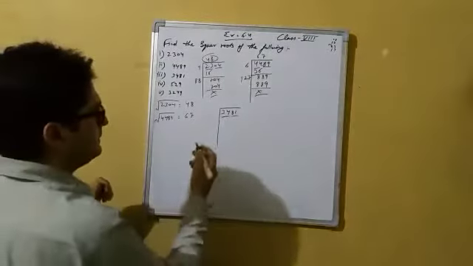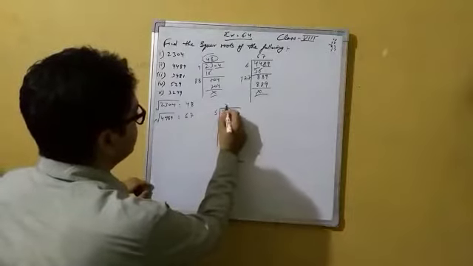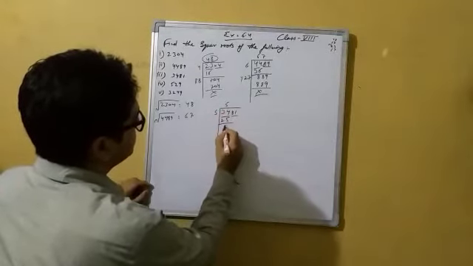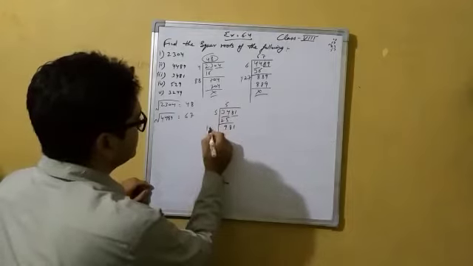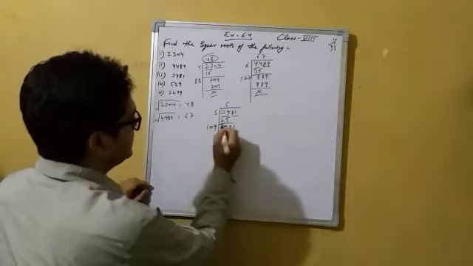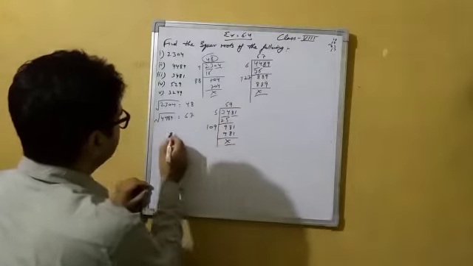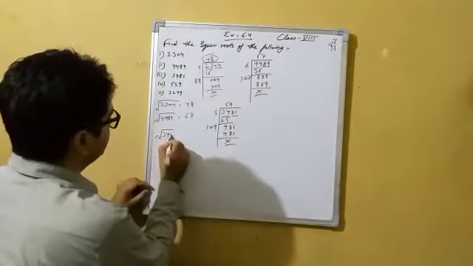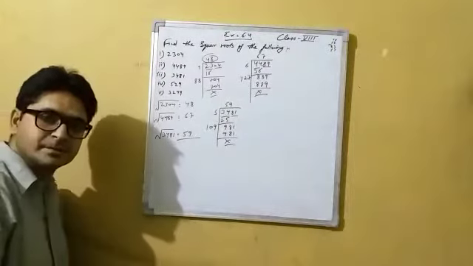So 5 5 ja 25, because 6 6 ja 36 is more than 34. So we take 5 5 ja 25, and 981 we have remaining. So 5 double is 10 and we can take 9, 9 9 ja 81, 9 1 ja 9. So we are getting the answer, the square root of 3481 is 59. Simple. I hope you understand.